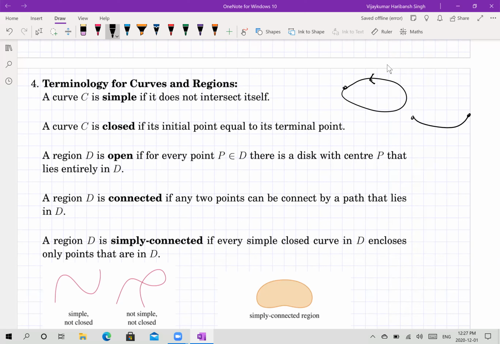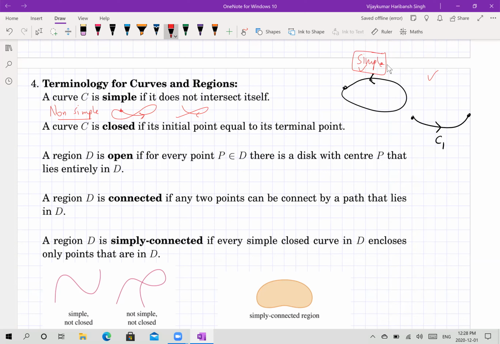Another simple curve is this. A non-simple curve would be, say, a curve like that. It intersects itself, and it need not be closed. For example, this is not simple, and simple are these examples here.